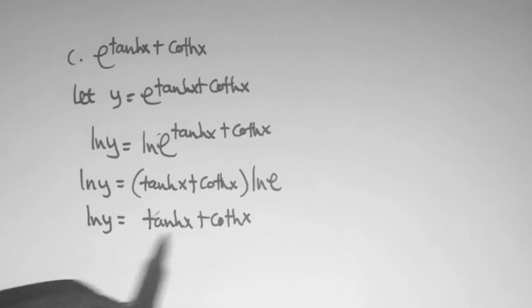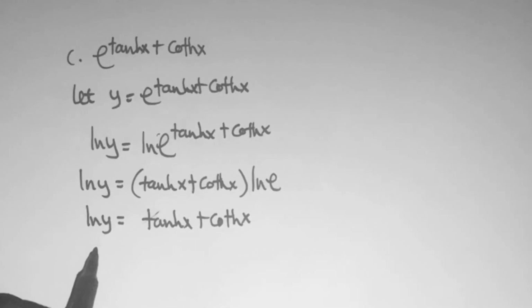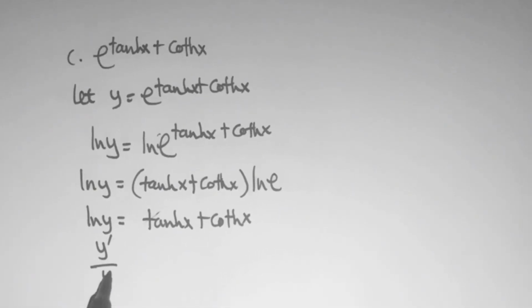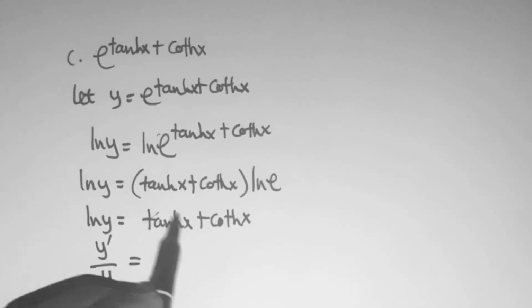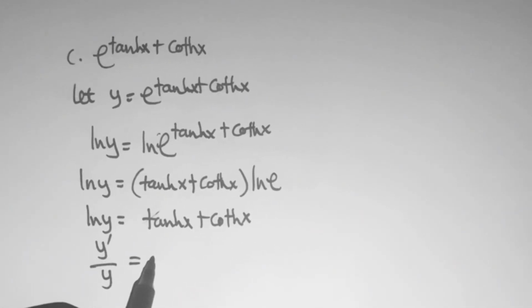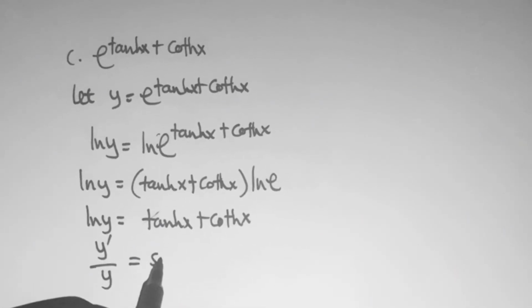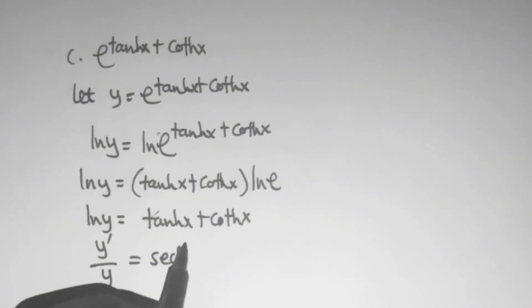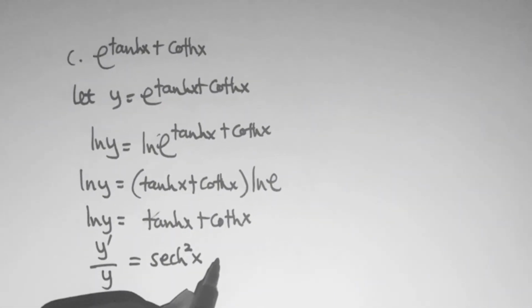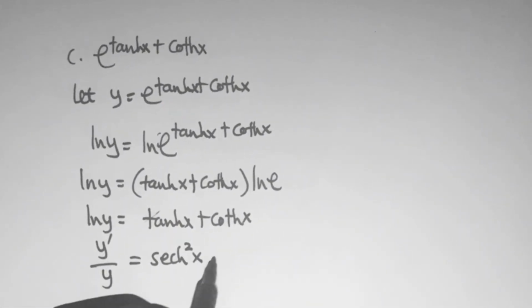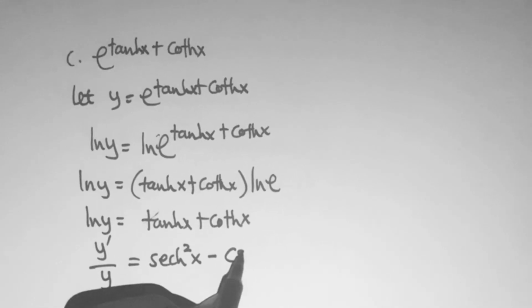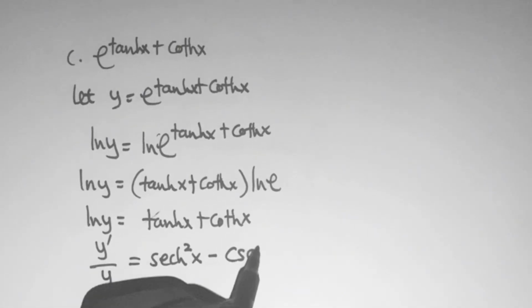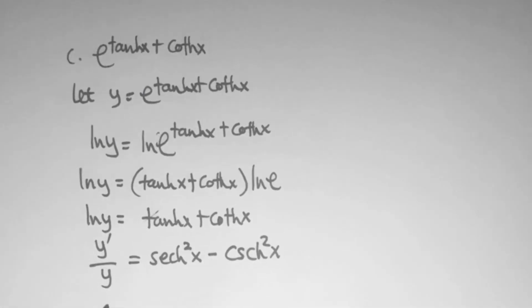So if we differentiate this, y prime divided by y equals: if we differentiate tanh x, we are going to get sech squared x, hyperbolic sech squared x. And if you differentiate coth x, you are going to get minus cosech squared x, hyperbolic cosech squared x.